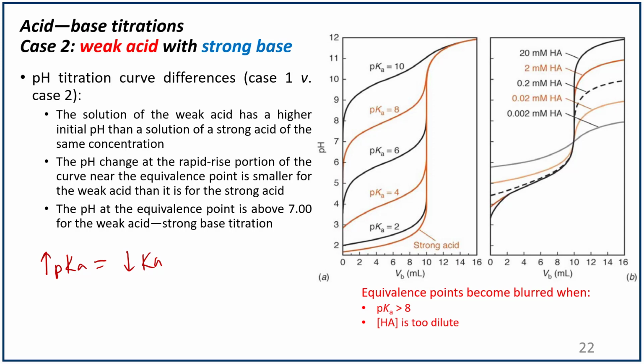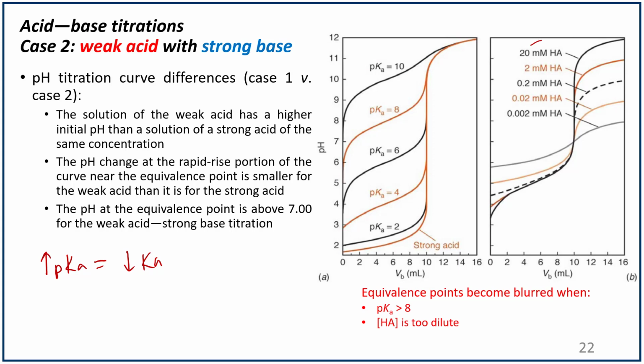Now, as we have mentioned already before, weak acids will start with a higher pH at the titration, and we can also observe the same thing as we increase the pKa values. So the weaker the acid is, the higher pH value we start with.